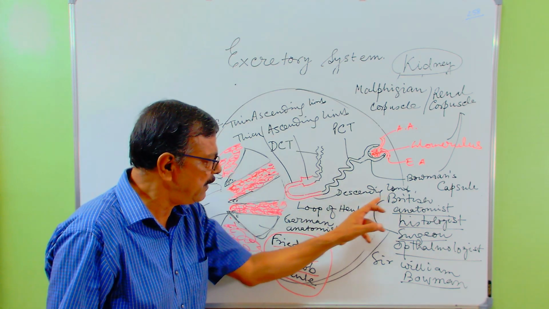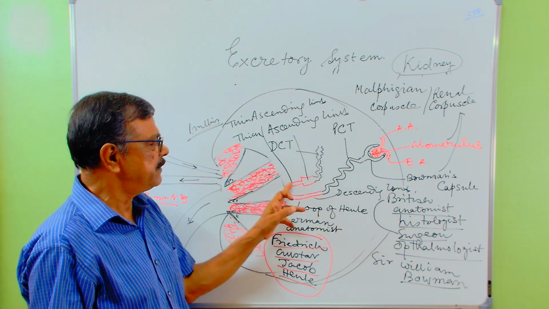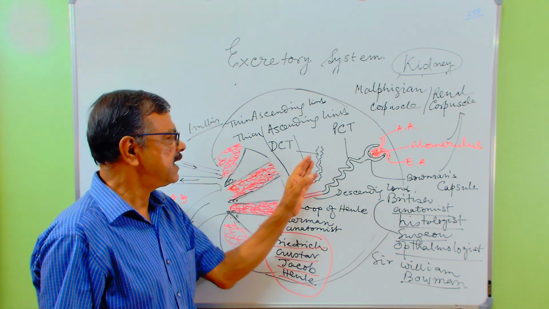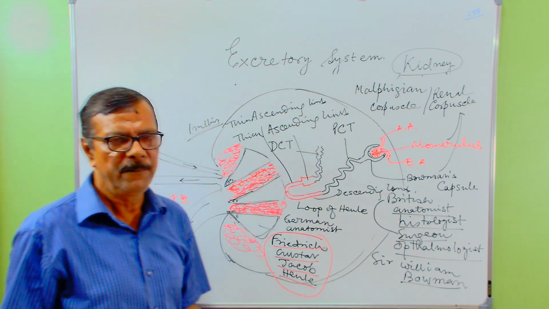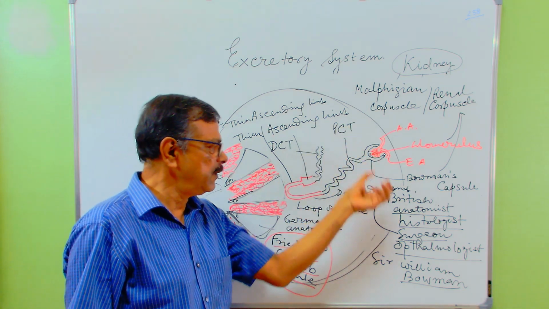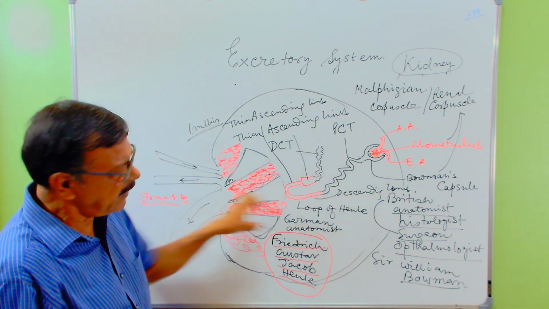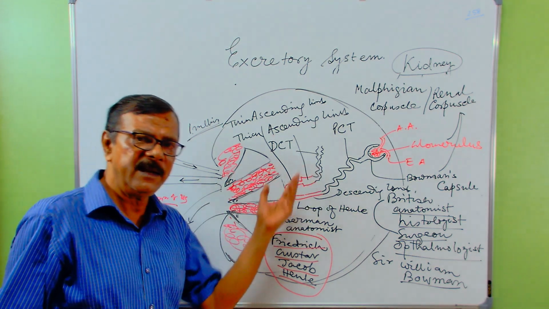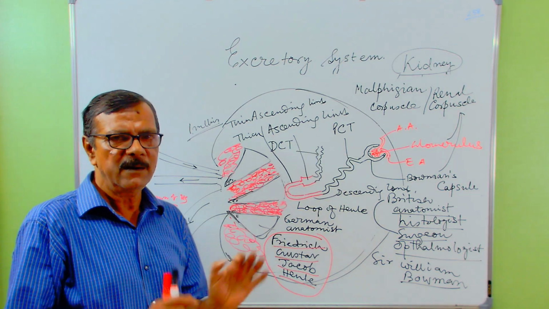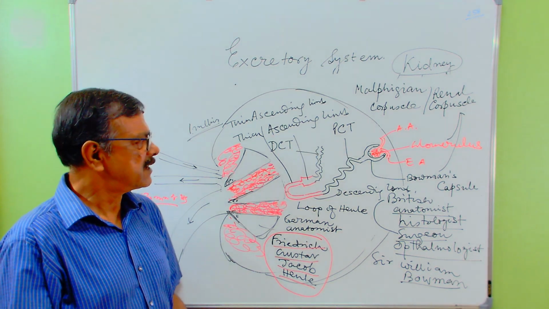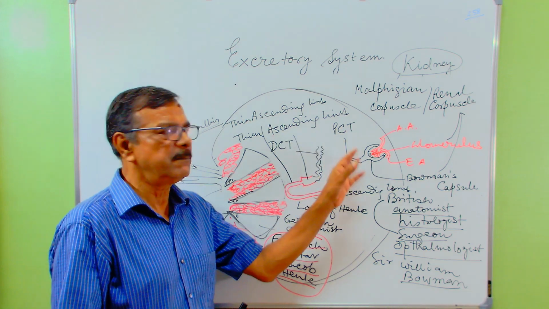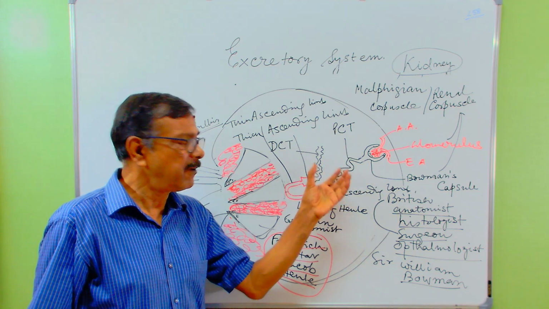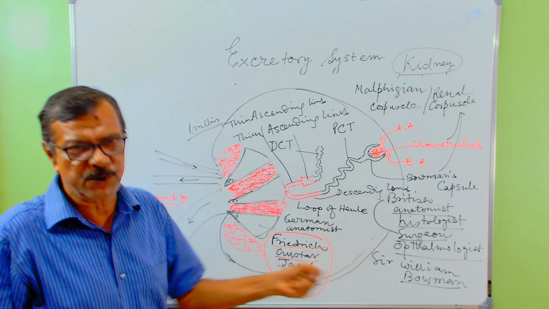This is the descending limb, and this is the ascending limb, divided into thin and thick, and then it forms the distal convoluted tubule. From the distal convoluted tubule it will go to the collecting tubule, and the urine will pass out. That will come in the next class. Up to this, we are concluding today. In the next class, we will go into big detail of this, because so many cells are there which help with proper filtration and reabsorption.